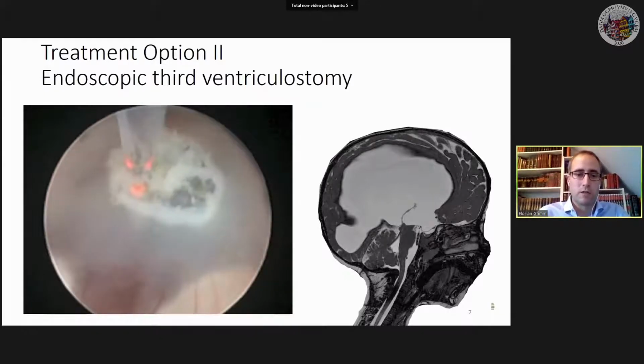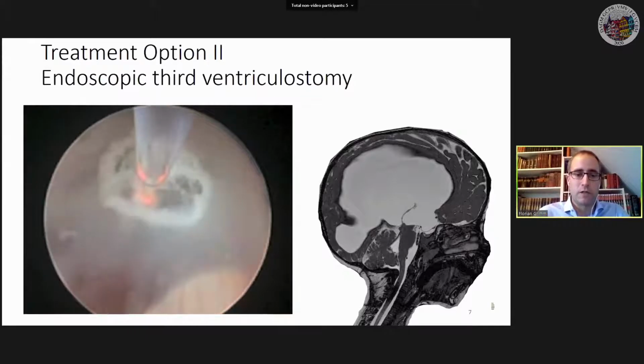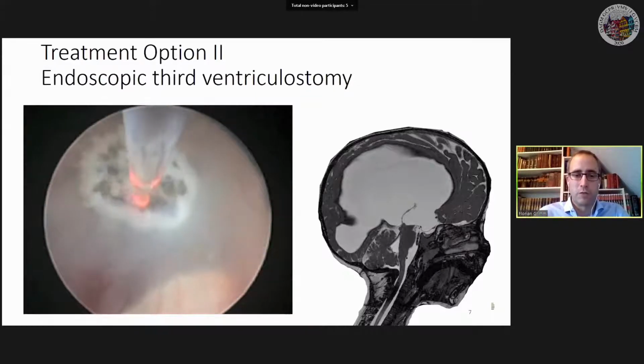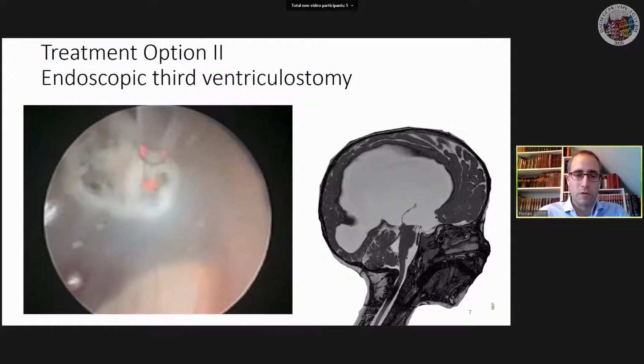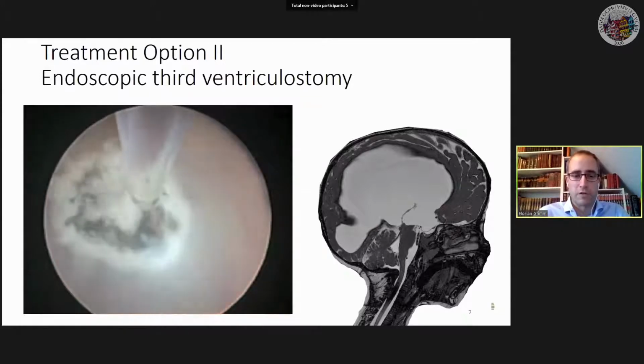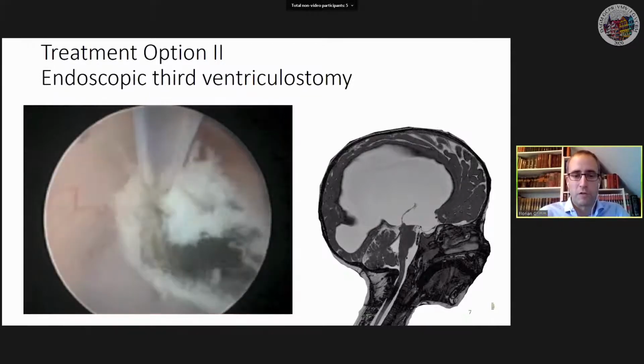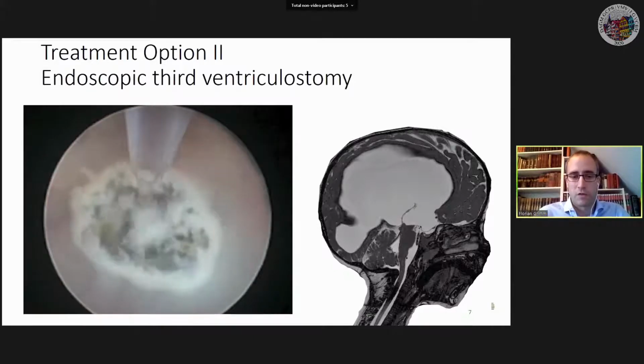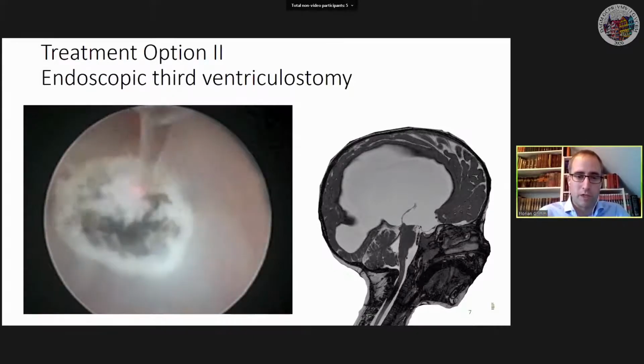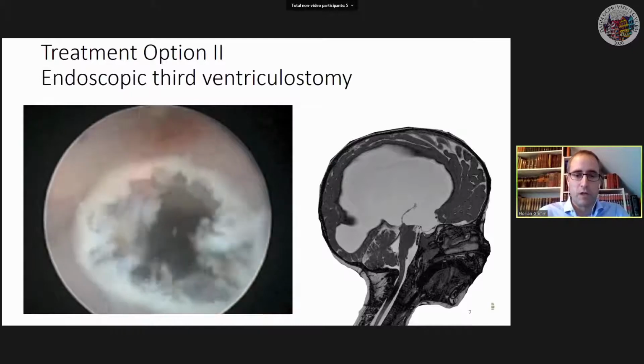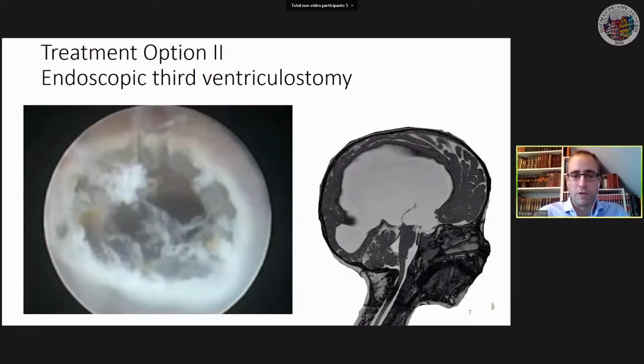And then slowly the opening is enlarged. You also may notice the pulsation of the CSF, which is heartbeat synchronous, and then also some small mechanical effort is done to enlarge the opening.